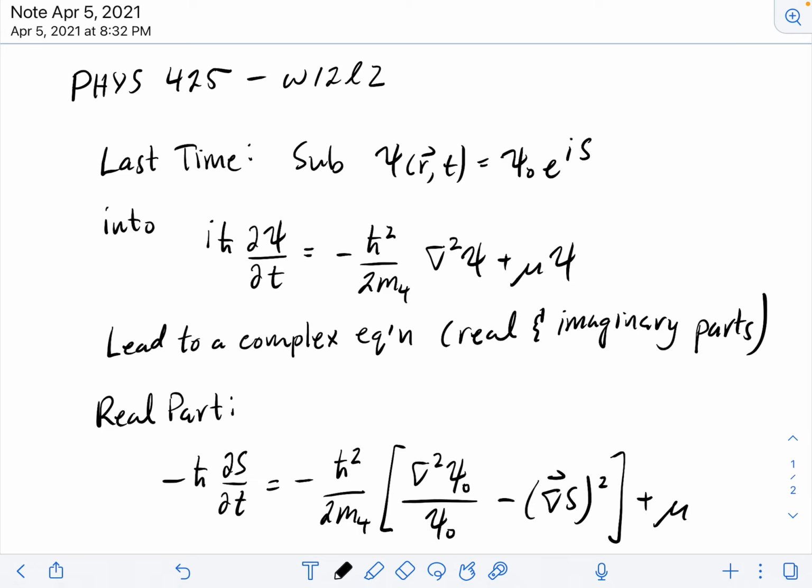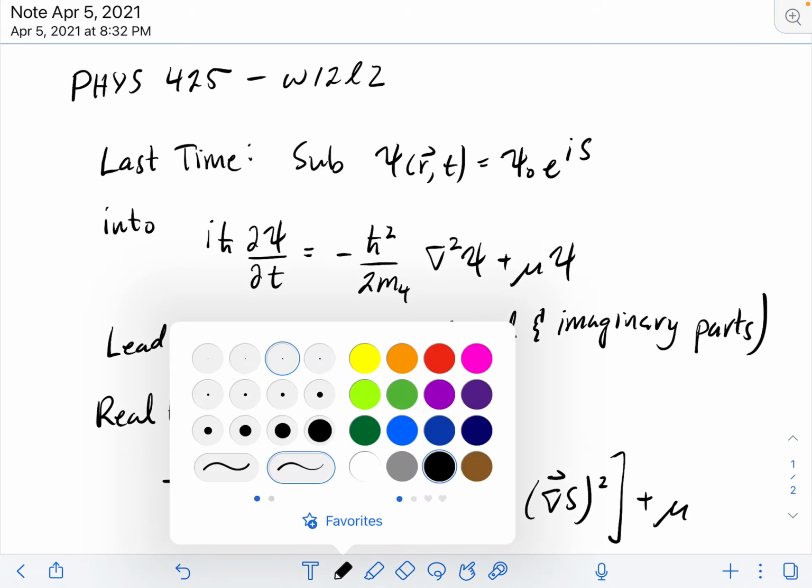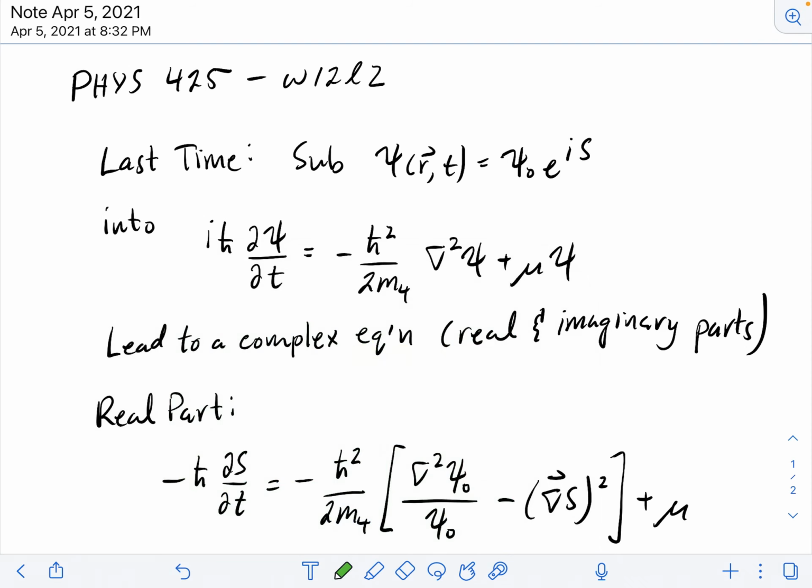What we were working on last time was substituting in this wave function for the superfluid fraction of a sample of liquid helium-4 into the time-dependent Schrodinger equation.